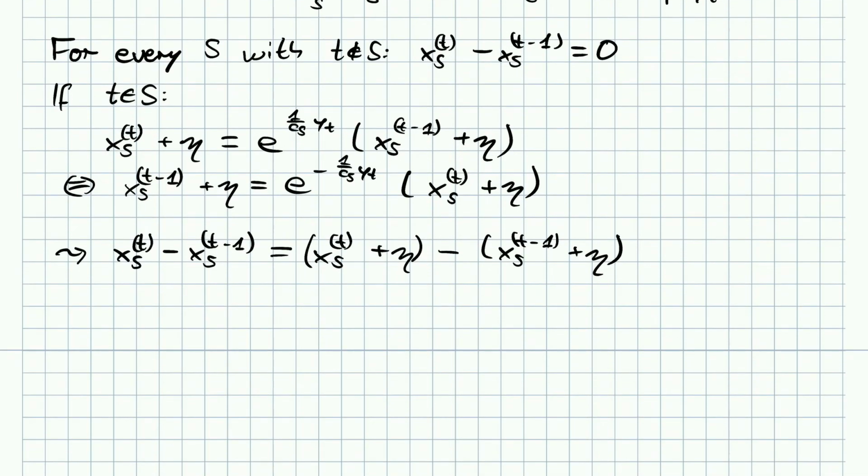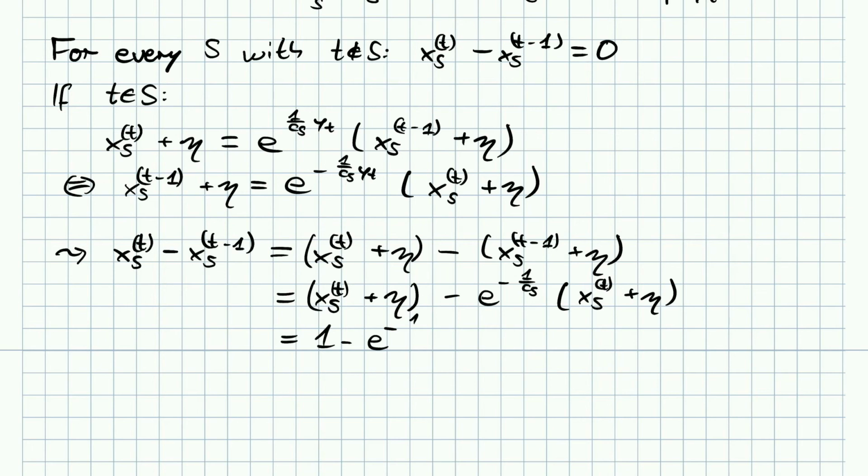And now we can say, okay, this is x as t plus eta minus e to the power of negative 1 over cs times x as t plus eta. So this is equal to 1 minus e to the power of minus 1 over cs times, oh, I think I forgot the yt here, times x as t plus eta.